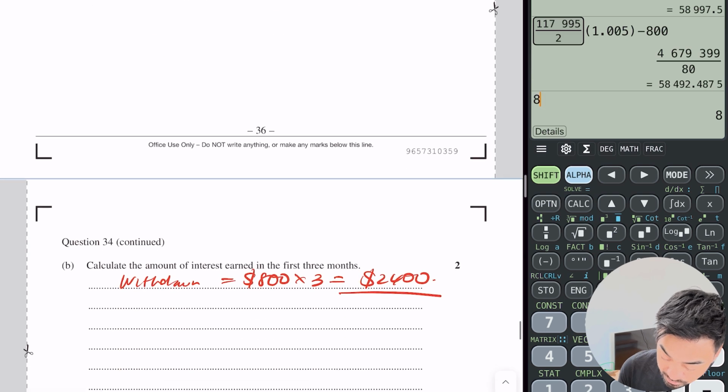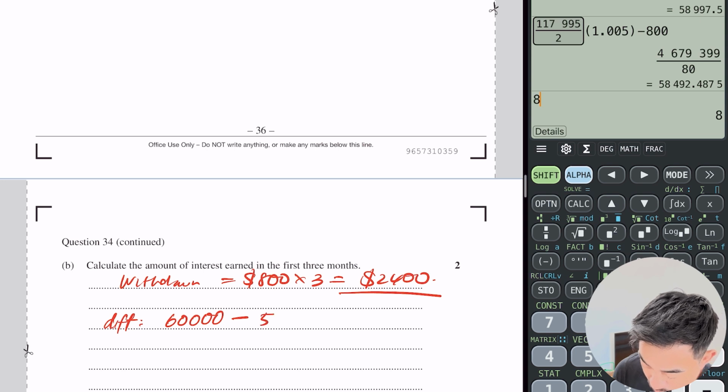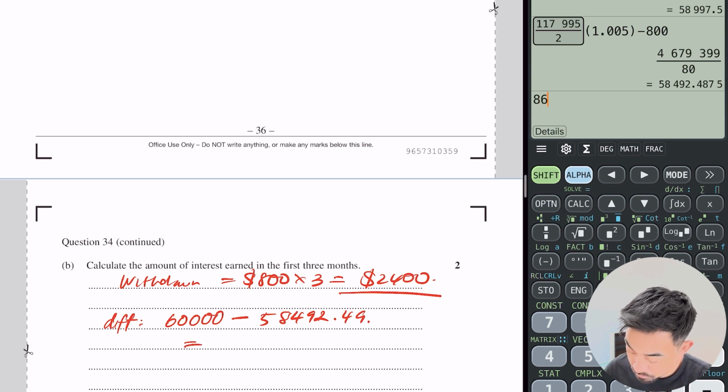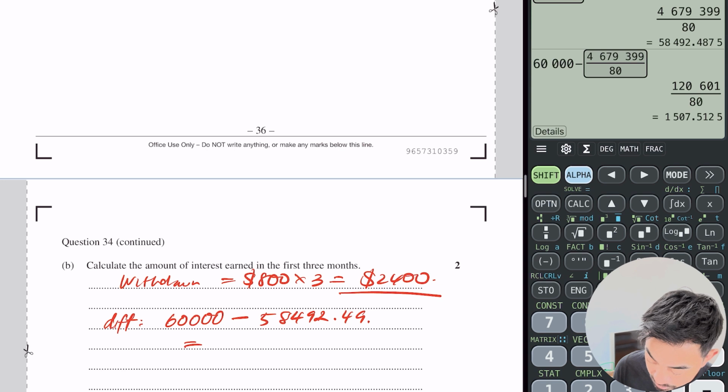So it's going to be 60,000, let's call it the difference, 60,000 minus 58,492.49. So it's gone down by this much.